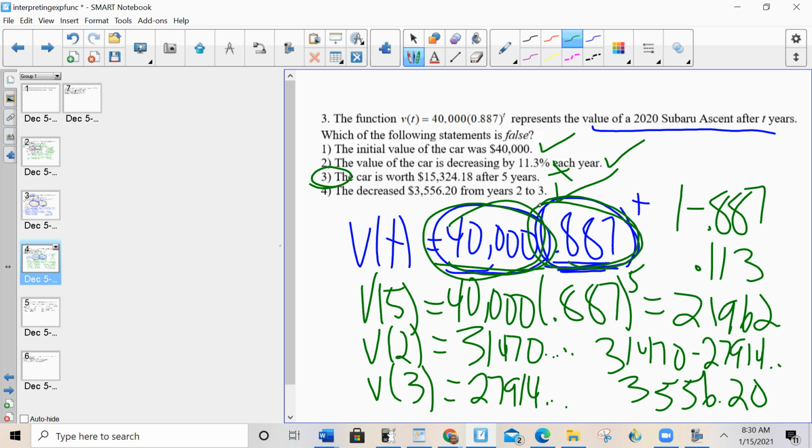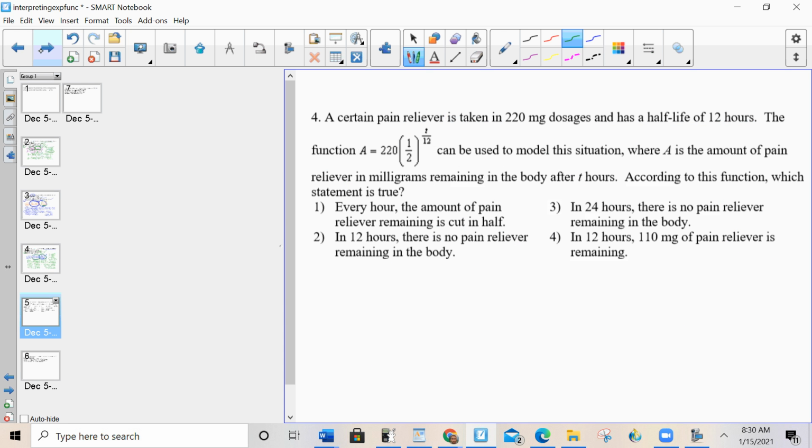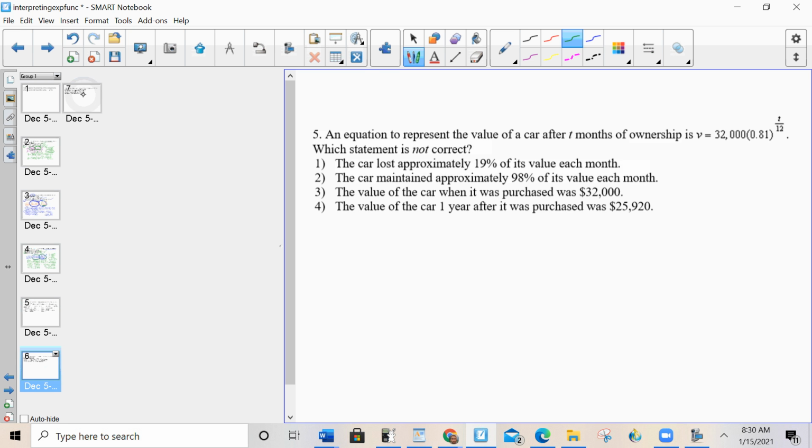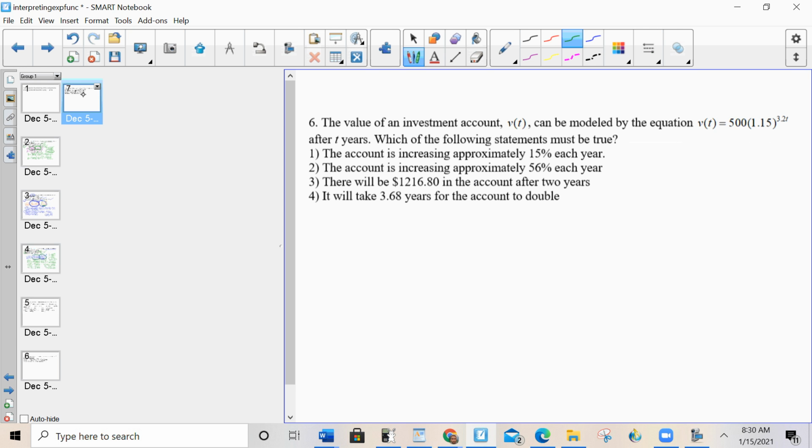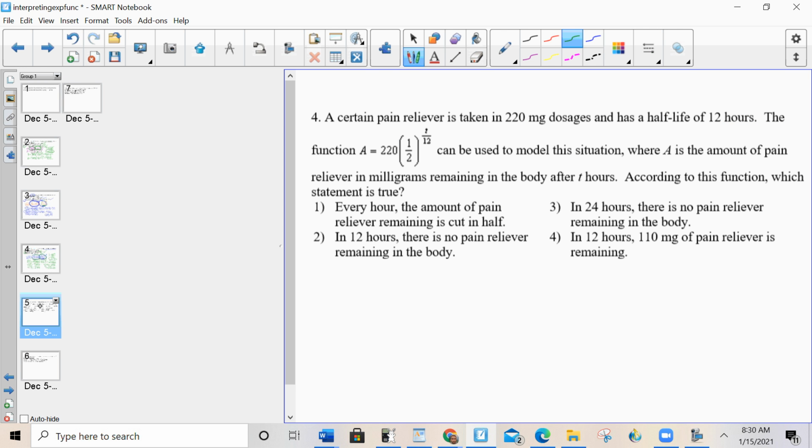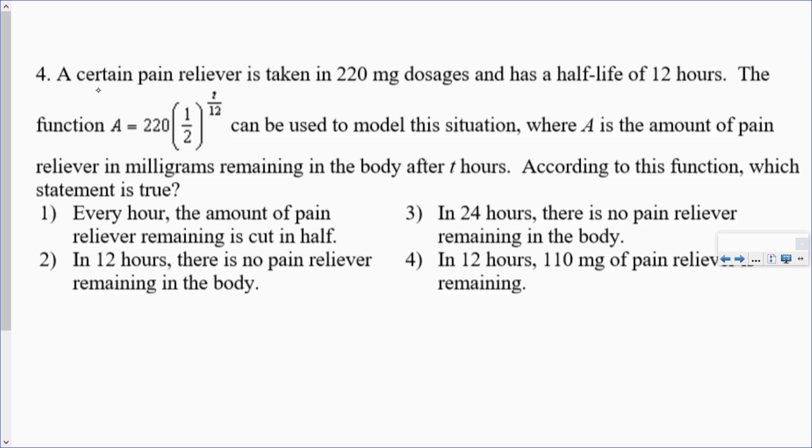Number 4. There's a twist on 4, 5, and 6. So here's the twist. In order for this to work, my standard form is principal, parentheses, 1 plus or minus the rate, to the power of time.